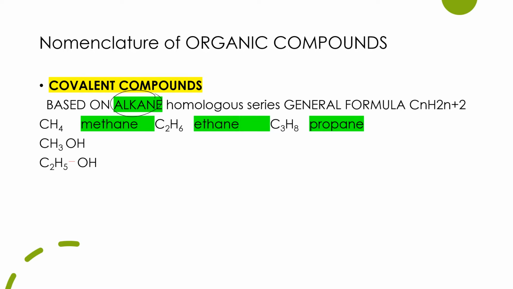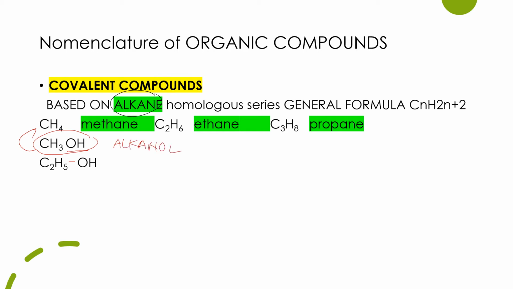For other groups, for example, here we have alcohol or alkanol. CH3OH we can assume as derived from CH4 by changing one H from CH4 with an OH group. The group name is alkanol.